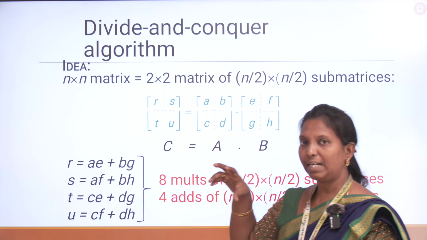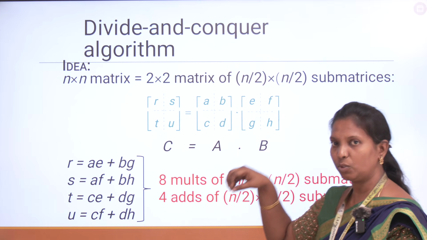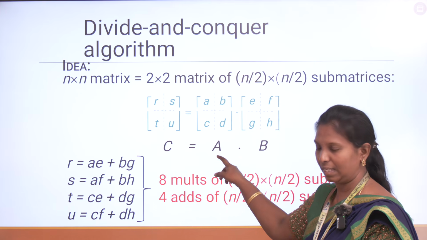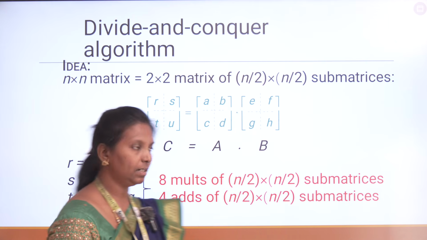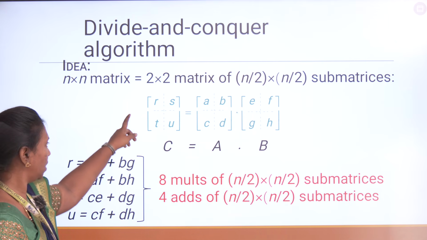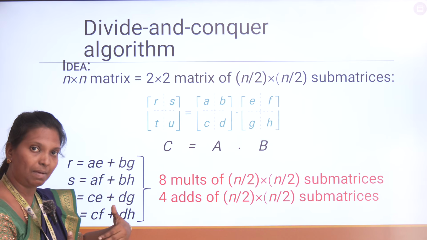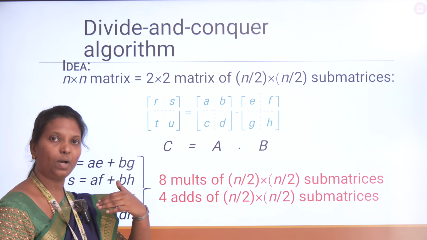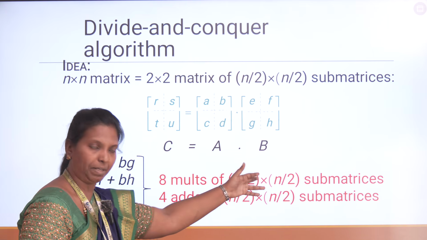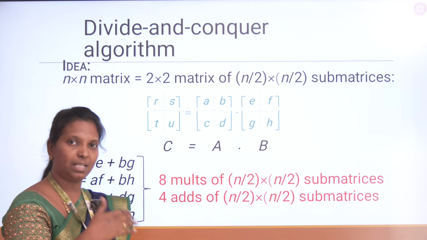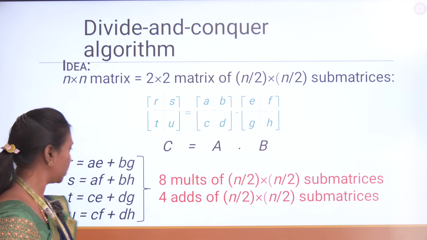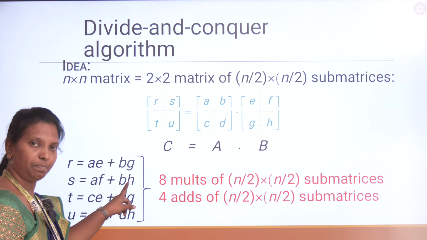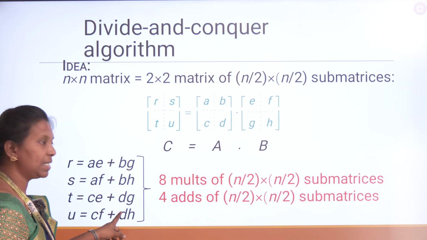That's why the entire thing will now be invoked through the divide and conquer method, and this method will take the example of a 2 by 2 matrix. Here I give the variable notations R, S, T, U, which is our resultant matrix, then A, B, C, D, and E, F, G, H, which are the row and column wise entries. Now I want a solution for C equals A dot B. As a basic approach, the multiplication is invoked for these terms: AE plus BG, then AF plus BH, CE plus DG, CF plus DH.